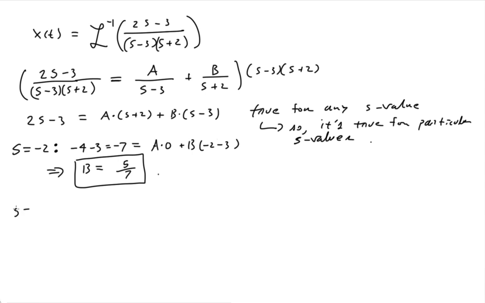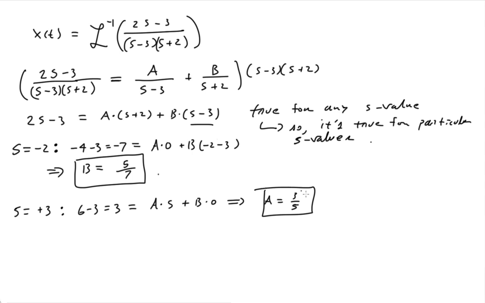Okay, now I can try s equal to +3. And that's really nice because it should make this term 0. All right, so we can put that in there. So that's going to be 6 minus 3, that's equal to 3, is equal to a times 5 plus b times 0, and that then implies that a has to equal 3/5. All right, great.